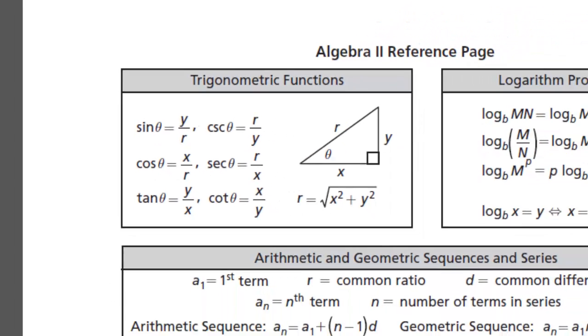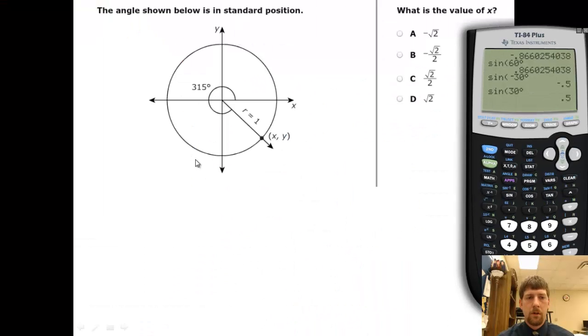So if I go back to my problem, r was 1, so if cosine is x over r, it's x over 1, which is x. Sine was y over r, where y over 1 is just y. So in this scenario, and it's always going to be r equals 1, cosine is your x coordinate, sine is your y coordinate.